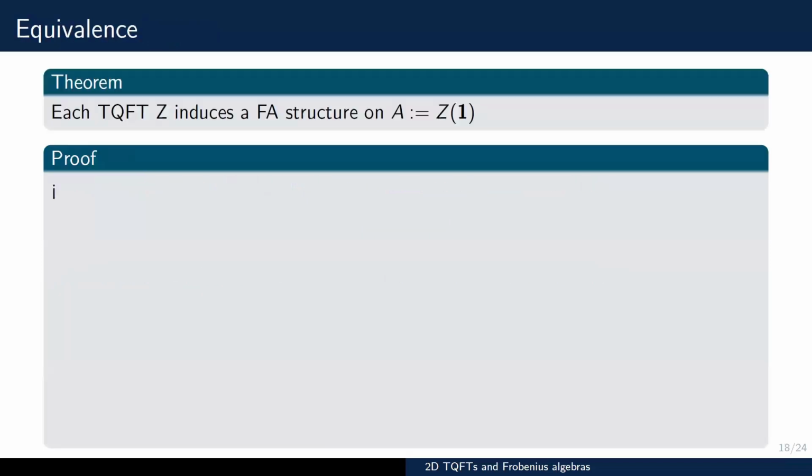So now that we finally understand both the category 2-Cob and Frobenius algebras, let's see how they are equivalent. TQFTs over 2 dimensions. So each TQFT over 2 dimensions induces a Frobenius algebra structure on Z of 1. Here, note that 1 represents just the element which is one circle. So the vector space given by that will have a Frobenius algebra structure.